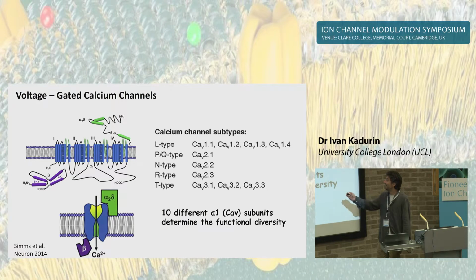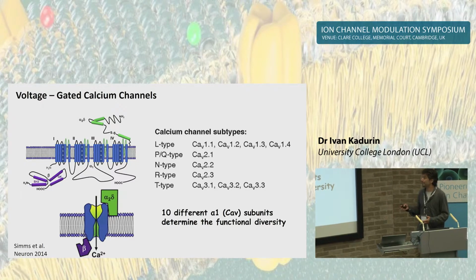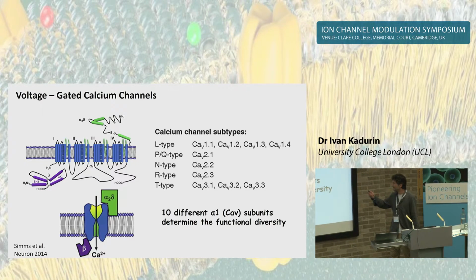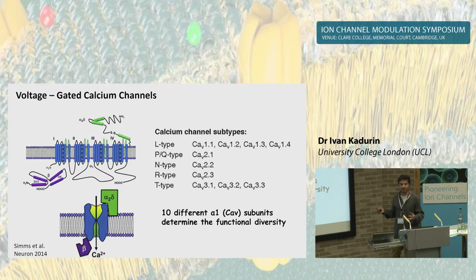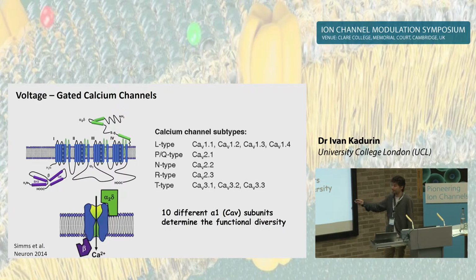There are 10 mammalian genes encoding voltage-gated calcium channel pore subunits, classified in three major families. All of these require co-assembly with auxiliary proteins to form properly functional channels, apart from the CaV3 subgroup, which can function on its own.